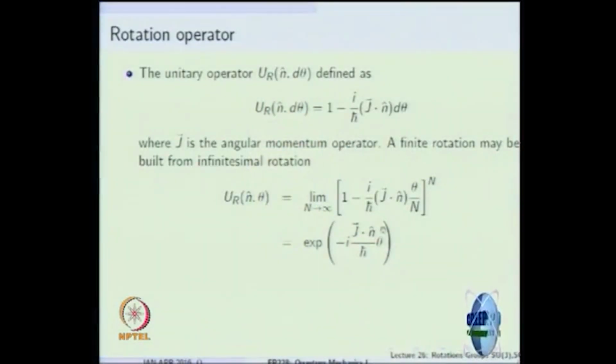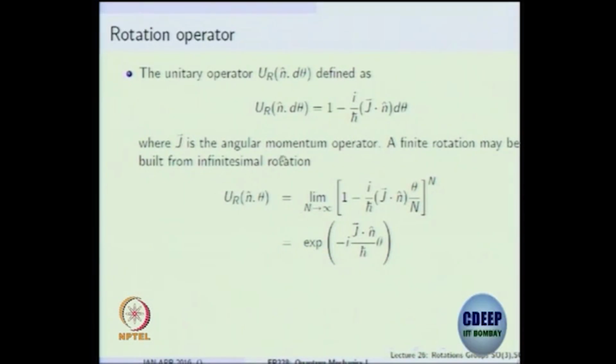So you can try to write the product of unitary matrices for infinitesimal rotation, which you can write as a finite rotation by n as d theta, and do it n number of times. And this is the formal definition for an exponential function.